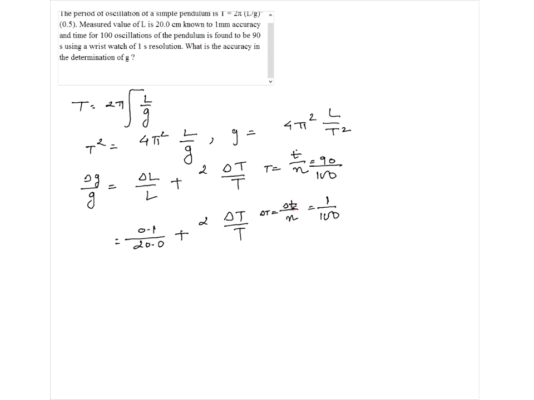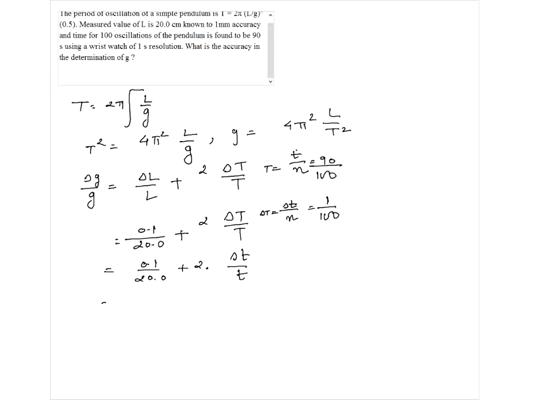In fact, it is a wristwatch. Wristwatch is used for this purpose. For wristwatch, it should be 1 second normally. So delta T would be 1 by n. T is 90 by n. So n is not really affecting delta T by T. Delta T by T is same as delta small t by t.